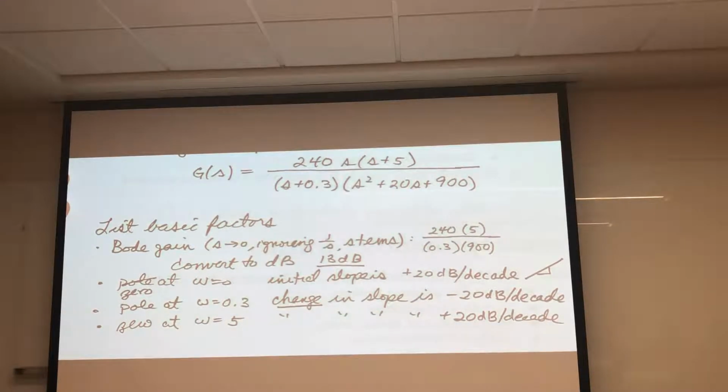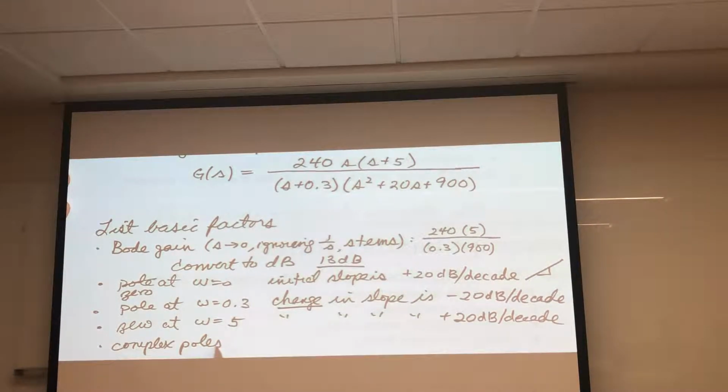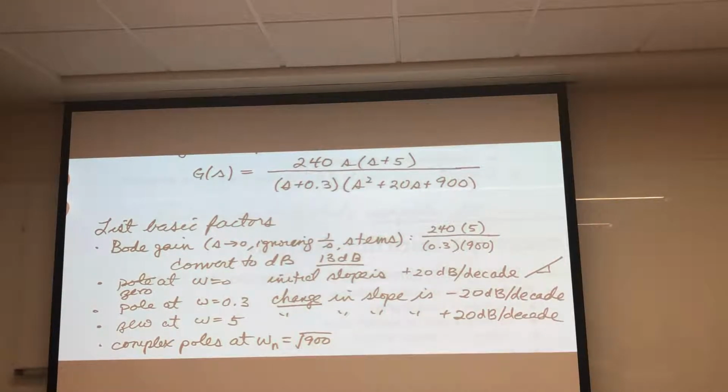And then finally, I've got complex poles at omega n equal to square root of 900. And the slope change is going to be negative 40 dB per decade.